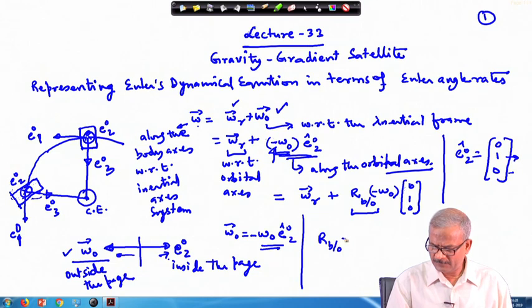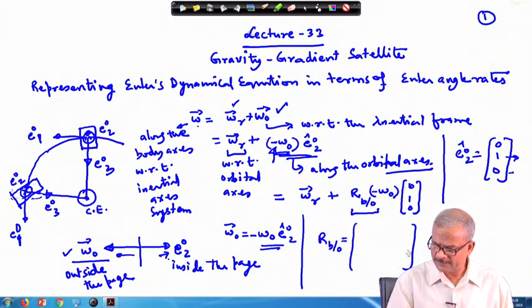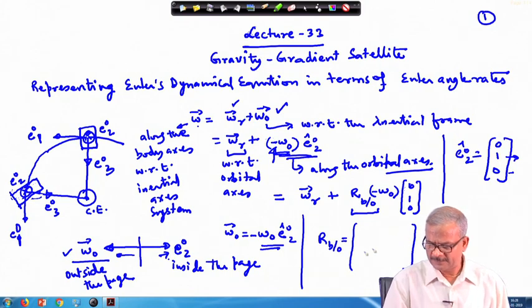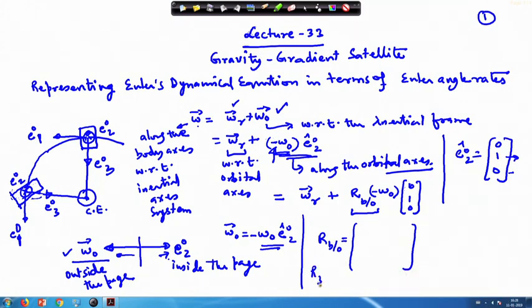RBO, if you remember, is the conversion. We have written a big matrix by giving rotation first about the third axis R3, then R2 and R1. So this is your RBO.